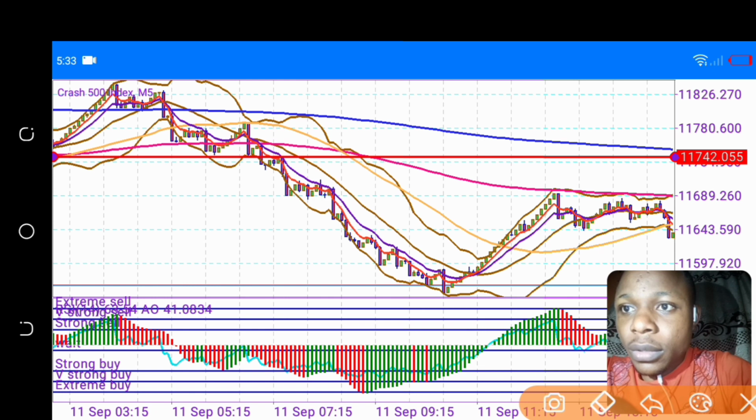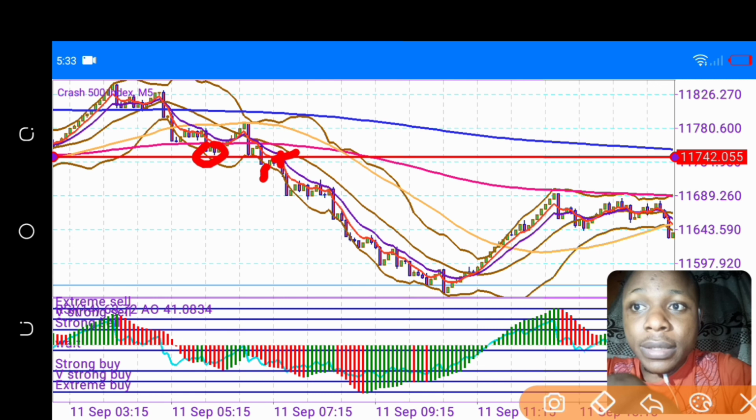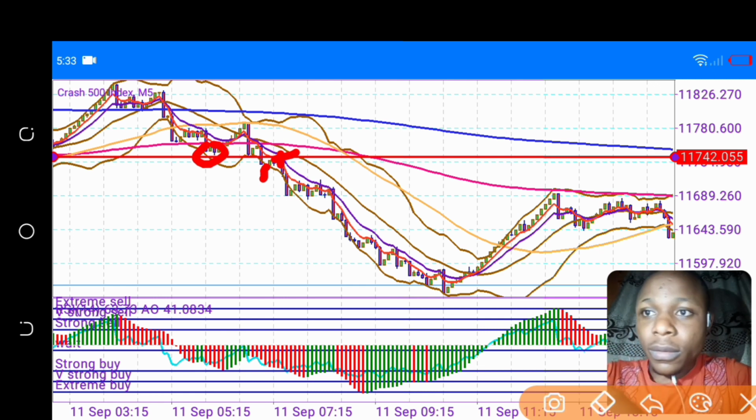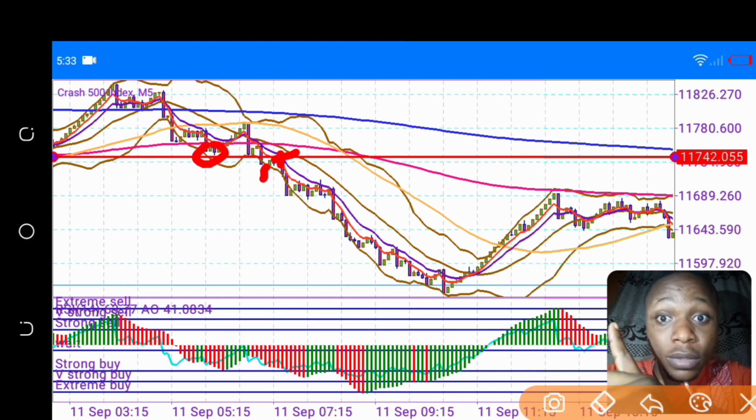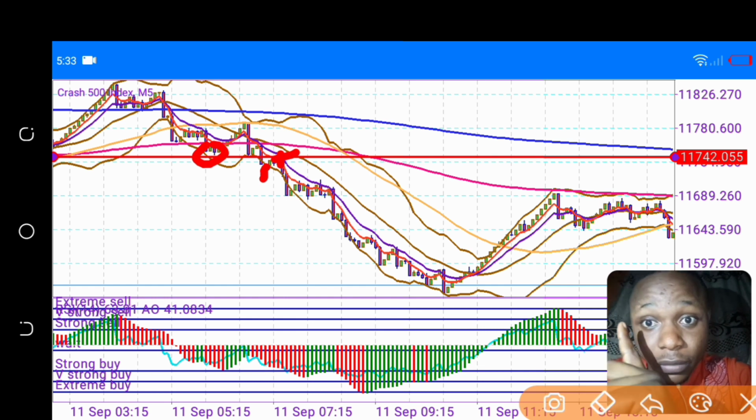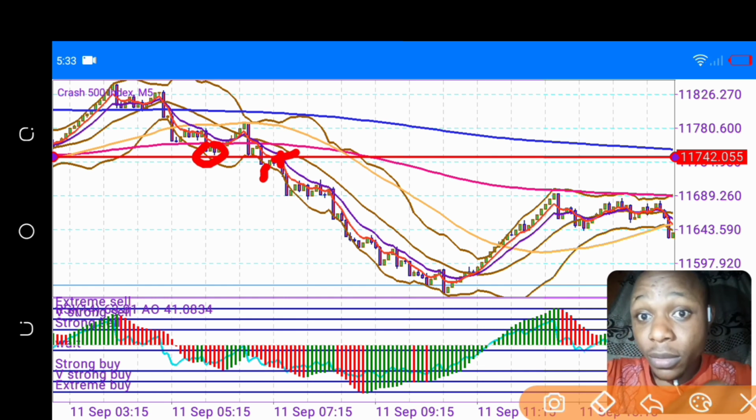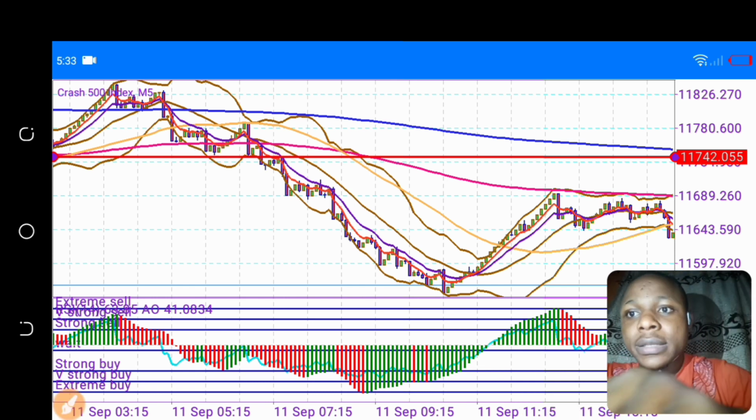It was once a support level over here. It broke it a little bit, then came back to test it. Then if you enter a sell over here, just because of support turning to resistance, just because of only one support and resistance line you drew. Remember, we are still on support and resistance lines.